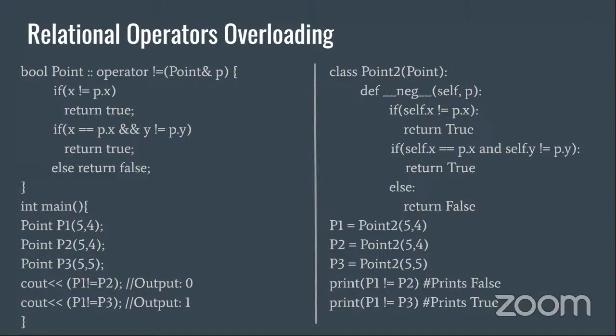In the main function, P1 not equals to P2 will return false since P1 and P2 have the same coordinates, while the second example will return true since P1 and P3 are unequal. Similarly, in Python, we use the dunder ne function to overload the not equals operator, and we can see similar output. Moving on to the next slide.